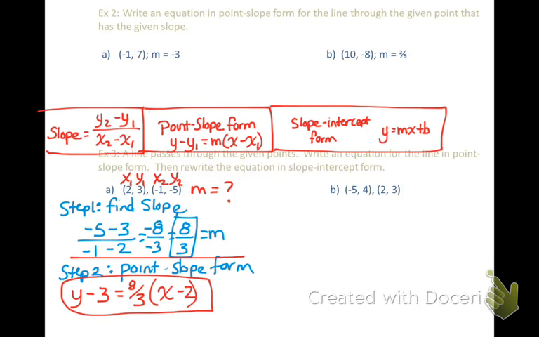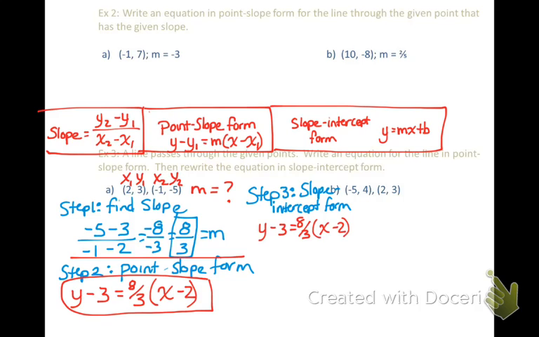Now you're going to do step 3, and that is slope-intercept form. These problems take up a lot of space, so hopefully you have a lot of space that you can write on. And so you're going to take the original from step 2, which is y minus 3 equals 8/3 (x minus 2). And we're going to need to get y by itself.